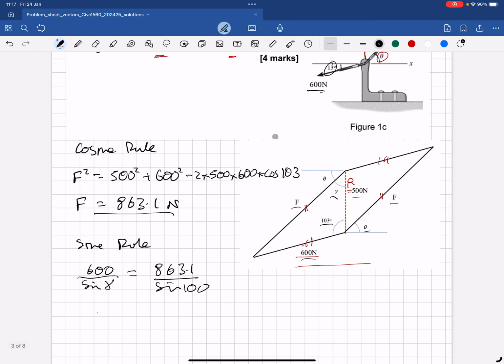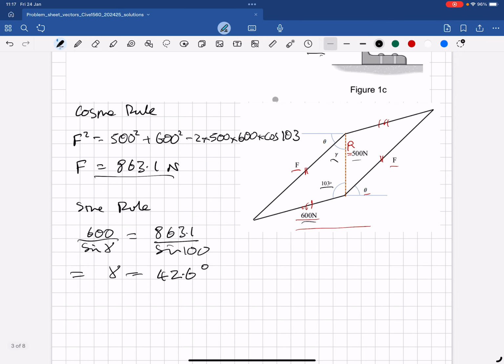We can rearrange this, and this goes to gamma is equal to 42.6 degrees, but we're asked for theta, so theta here equals 90 minus 42.6 degrees equals 47.4 degrees.